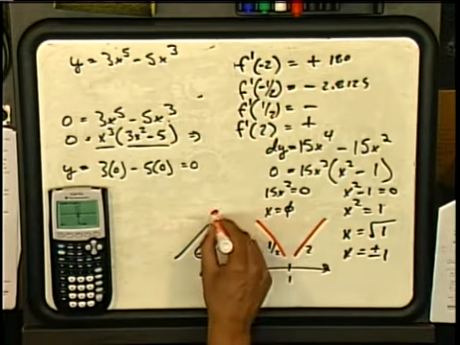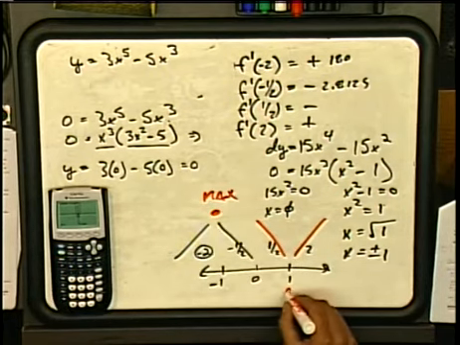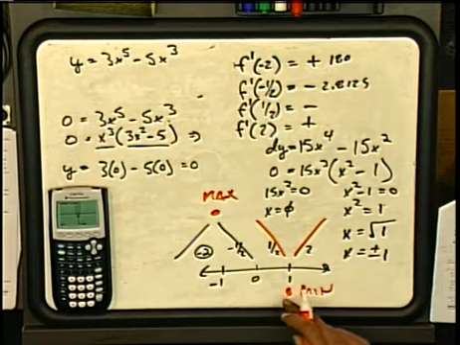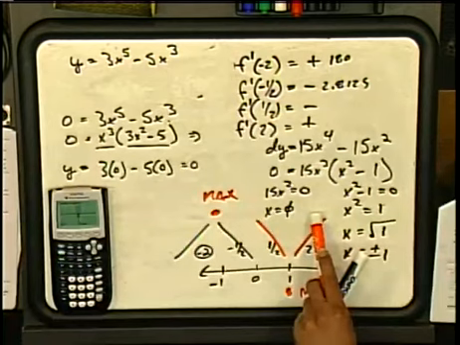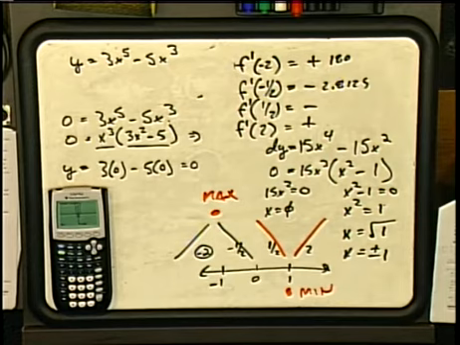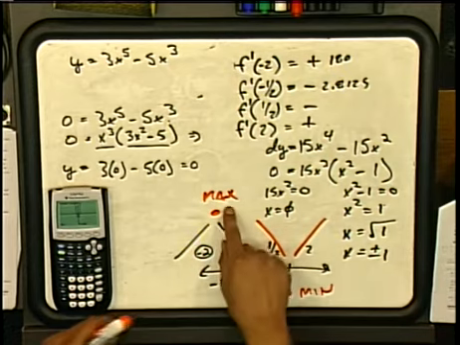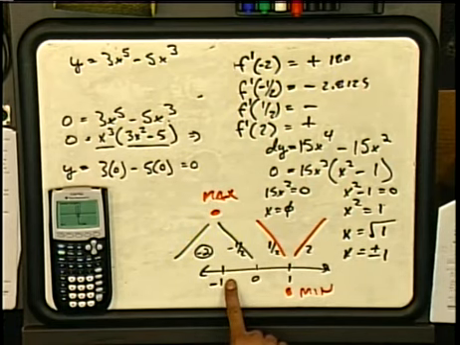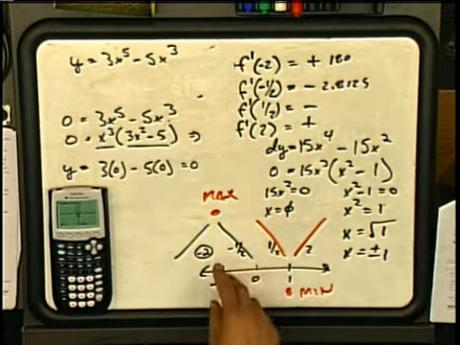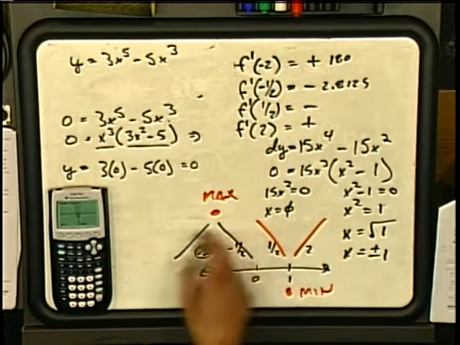So that means right here you have a maximum, and right here you have a minimum. To find the maximum point, the maximum is at -1, and you plug that into your original equation.